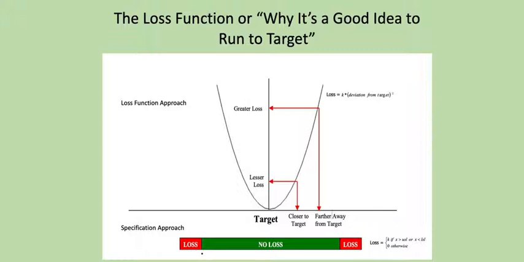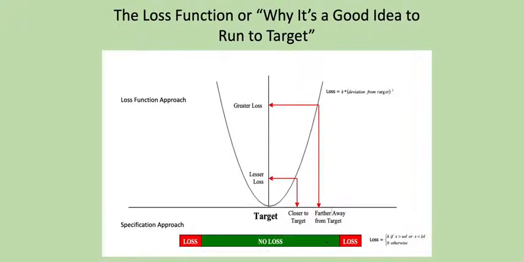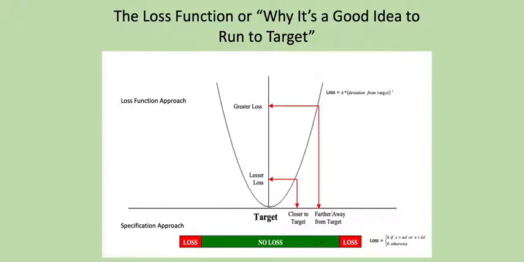You have this region of what's called no loss, and it's usually defined by some kind of lower or upper specification limit. Basically, what it's saying is that as long as anything is in between these two limits, within this region, everything is okay. This approach has been around for a very, very long time.